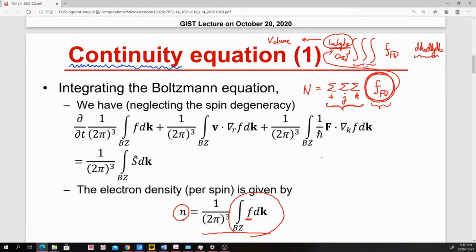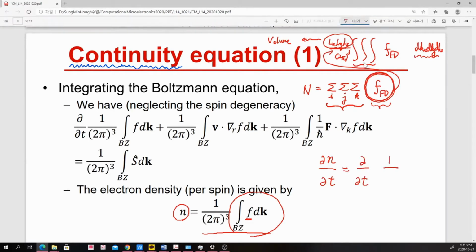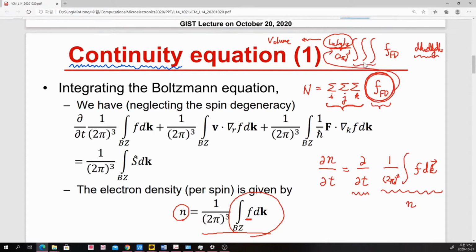Then let's say you are interested in the time variation of your electron density. Then what you have to do is calculate the integration of your distribution function over the entire k space, which corresponds to your n, and take the time derivative. That will be the right operation to be performed.